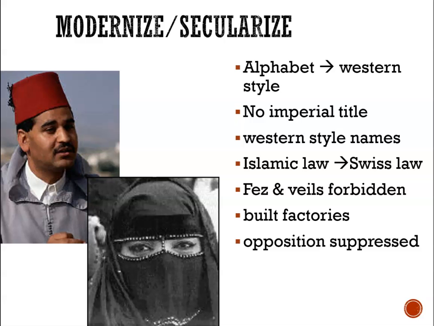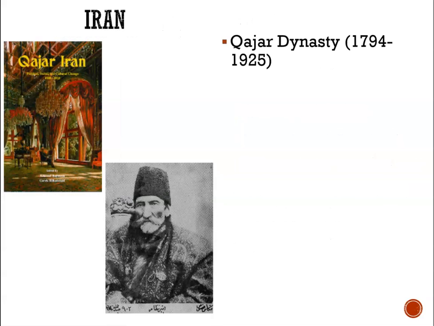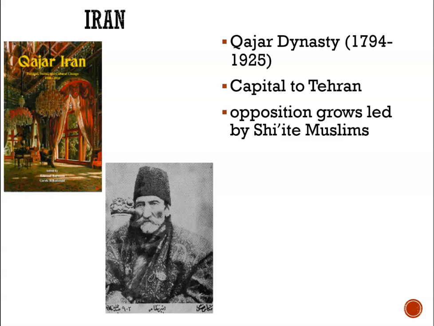So, this is Ataturk. Now, if we move to Iran, quickly take a look at it. The Qajar dynasty, 1794 to 1925. Their capital will move to Tehran. At that time, it gets reorganized.